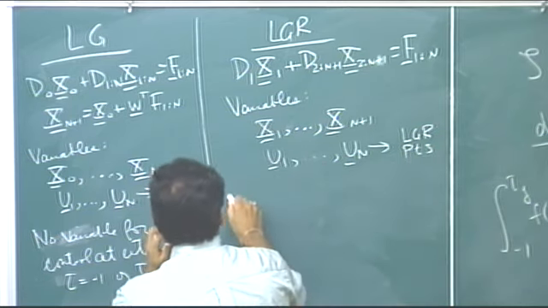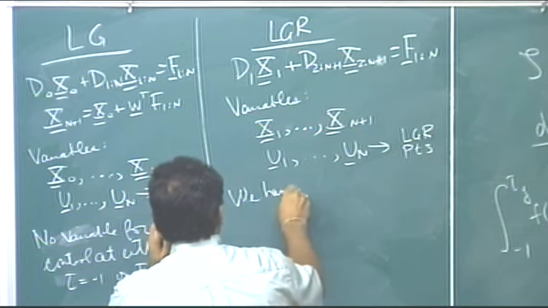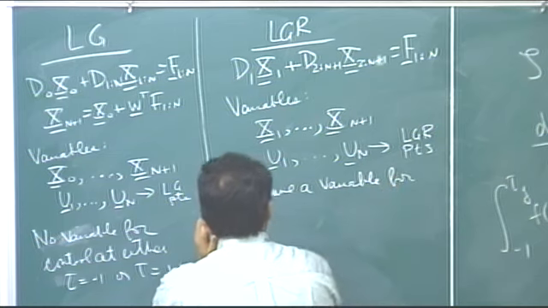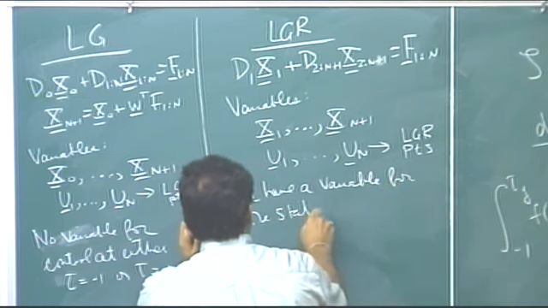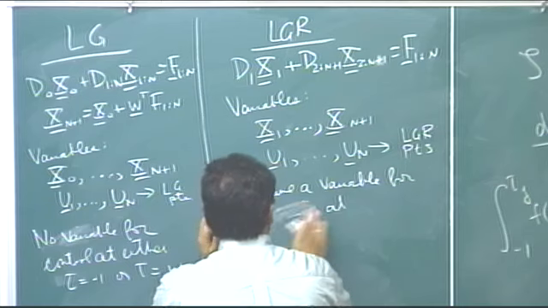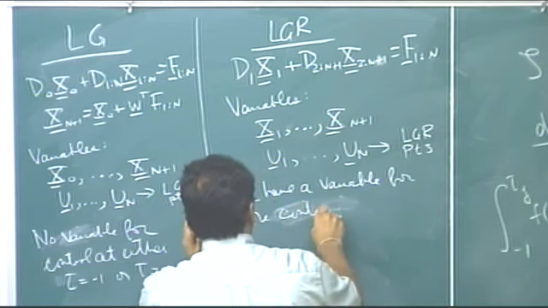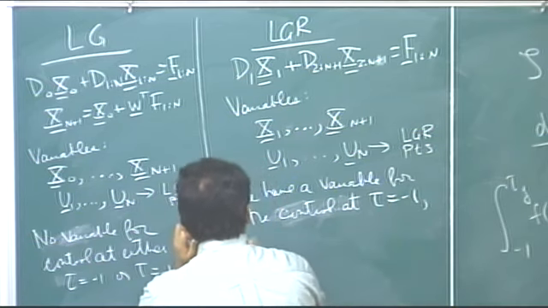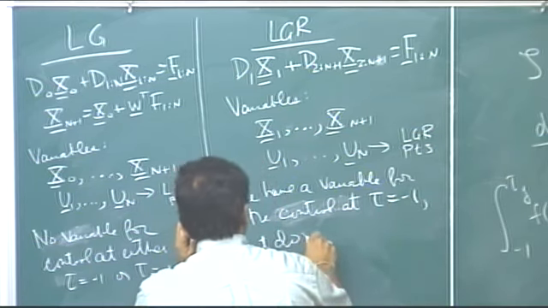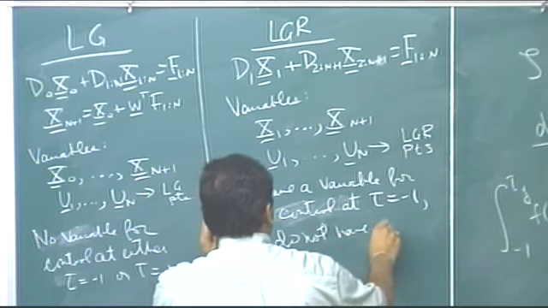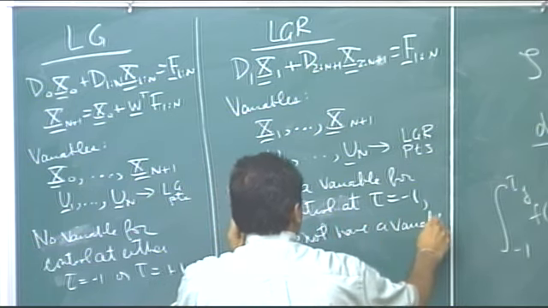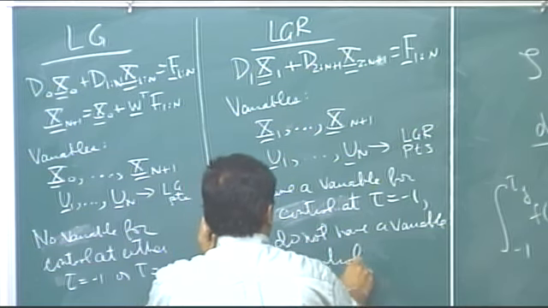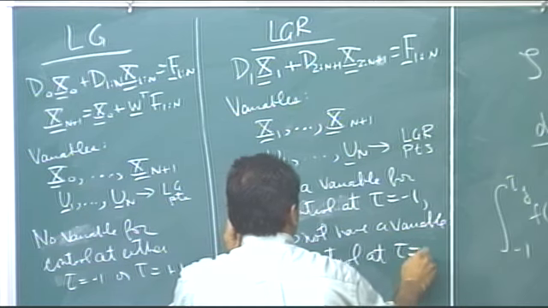So in this case, we have a variable for the control at tau equals -1, but we do not have a variable for the control at tau equals +1.